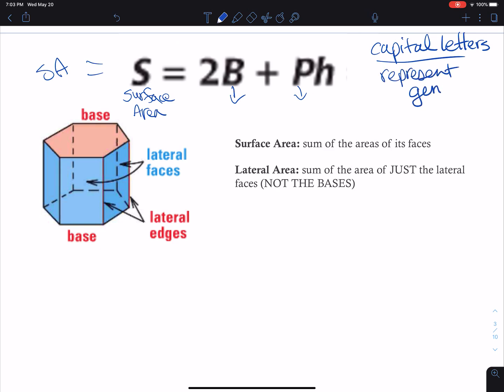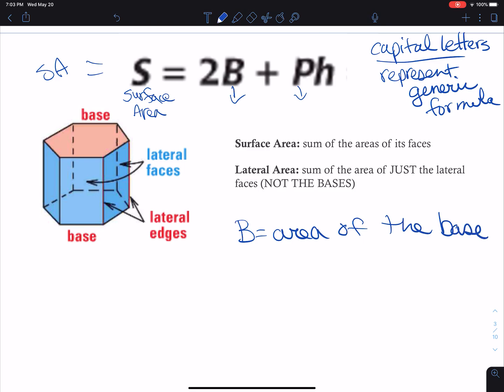So they can change depending on the shape. Capital B stands for area of the base, and since there's two bases, it's 2 times B. Now P stands for perimeter of the base.